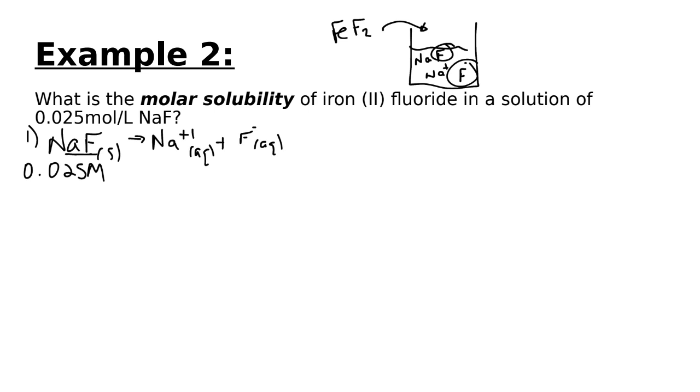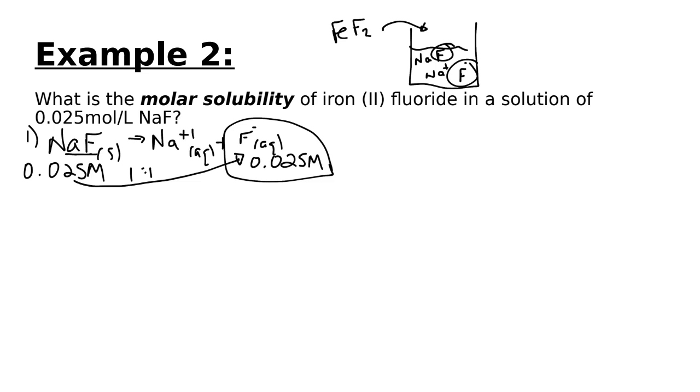Because we're talking about a molar concentration, when I want to figure out the concentration of fluoride ion, this is a 1-to-1 ratio. Now, if there was a coefficient of 2 or 3 in front of fluoride, I would be multiplying this initial concentration. But because it's a 1-to-1 ratio, this concentration of fluoride ion is also 0.025 molar.